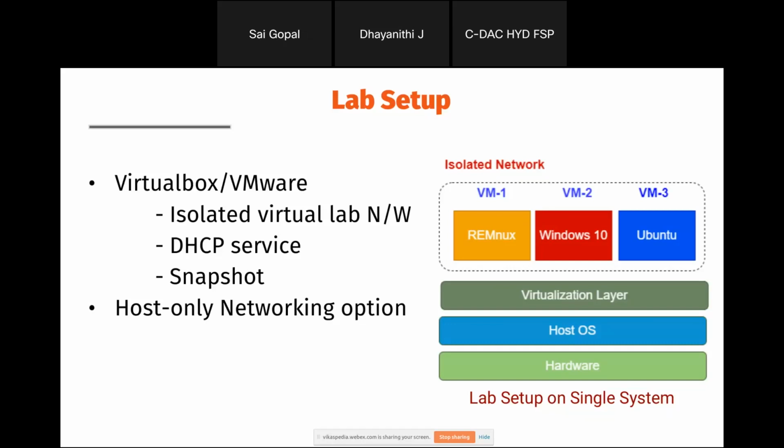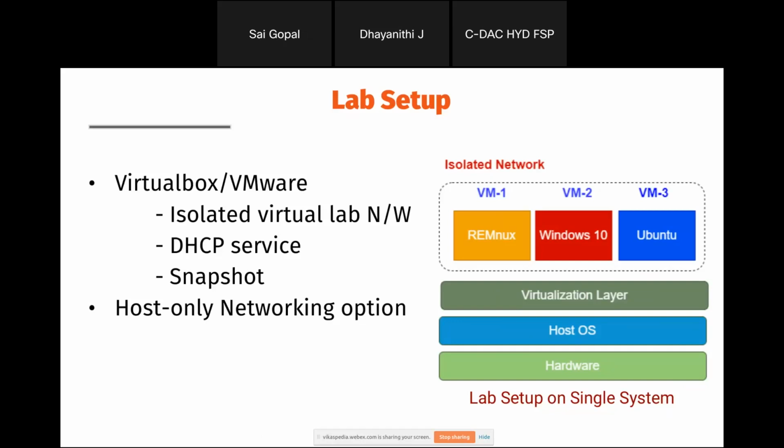If you observe in the slide, here we have 3 VMs: VM1, VM2, VM3, which are in an isolated network. This isolated network can be achieved by setting an option called host only network in the virtualization software. Whenever you set the host only network option, these VMs will automatically be isolated from the rest of the networks.